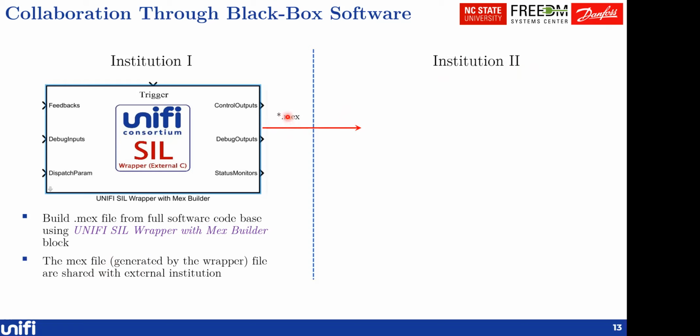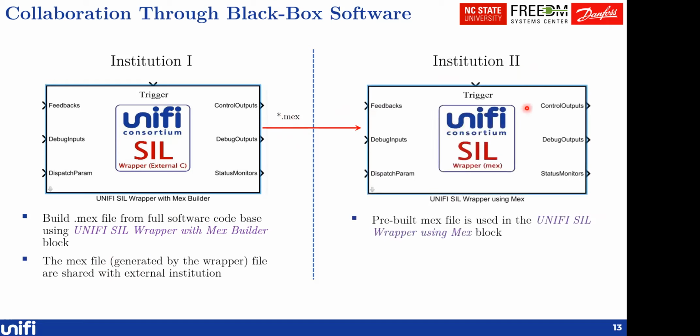Then somebody in institution 2 uses the other SIL block, which looks like this. As you can see, it says MEX here. They can take that .mex file and run their simulation using this block. That's how you can do black box software sharing.